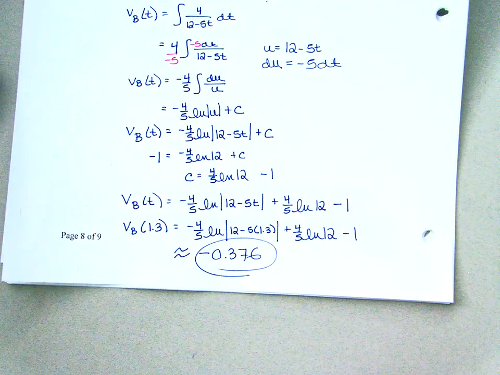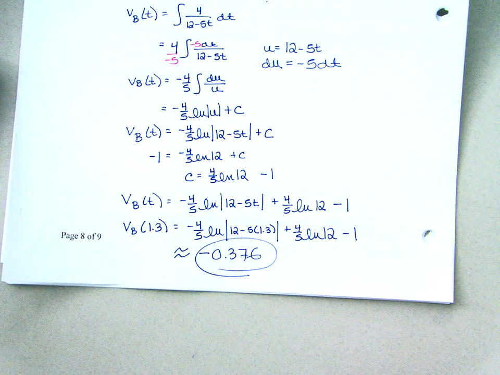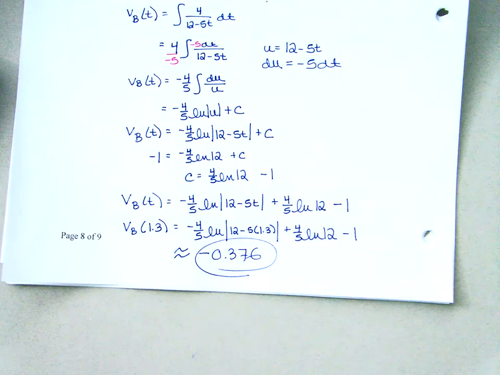I would like you to try to do letter C. Read C. Try to do it. And yes, you'll need your calculator. So I want to know when they have the same velocity.